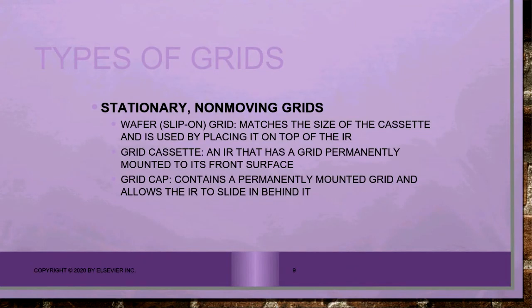That's what a grid cap is similar to, and that is typically what is used in the field most commonly now. So it also has a permanently mounted grid, but the image receptor is allowed to slide in behind that. And again, these three examples are stationary, non-moving grids. Okay.